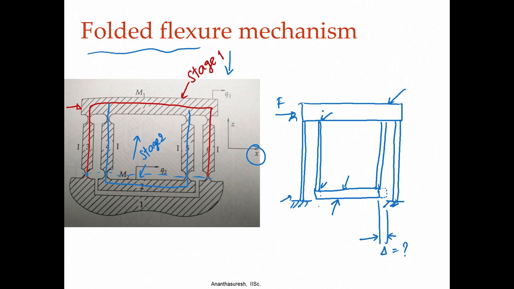Now, these two will be in series, and you can identify the arrangement, whether it is series or parallel, and you can get it for any configuration of compliant mechanism. We have seen quite a complicated set of flexure mechanisms in the last 2 lectures. For doing that, we have to go to finite element analysis.